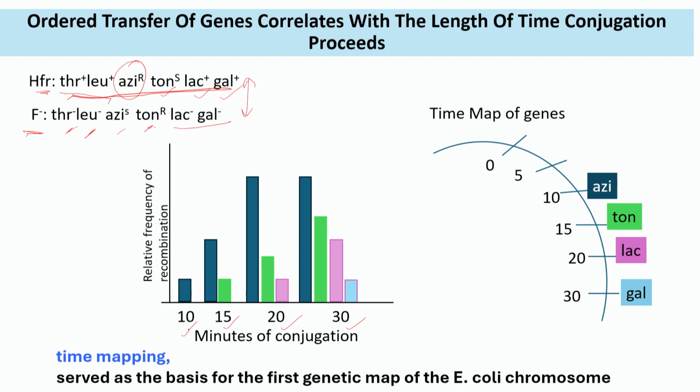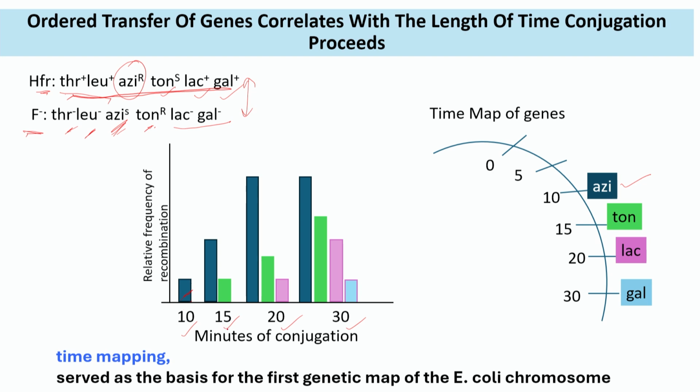So you see, when the mating was interrupted at 10 minutes, there is only one gene. These genes are color coded. This blue is for AZI. These bacterial cells become positive, from sensitive to resistant, for AZI. No other gene was visible.